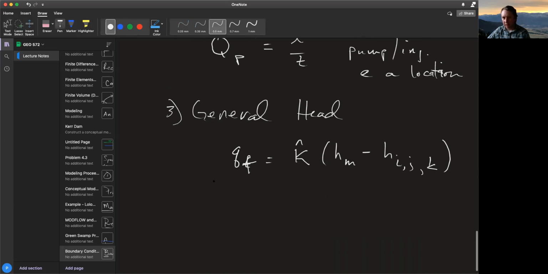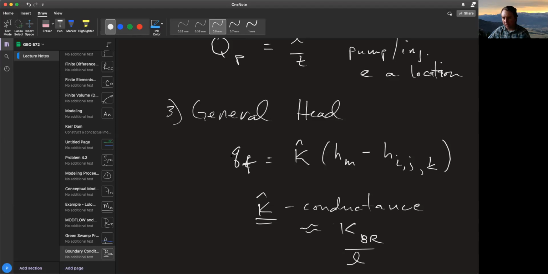And K here is called the conductance. It's basically equal to, say, the K of the bedrock over the length of transport, or the distance between H sub M and H sub IJK. This is like a figment of our imagination. What we're going to assign is the conductance.